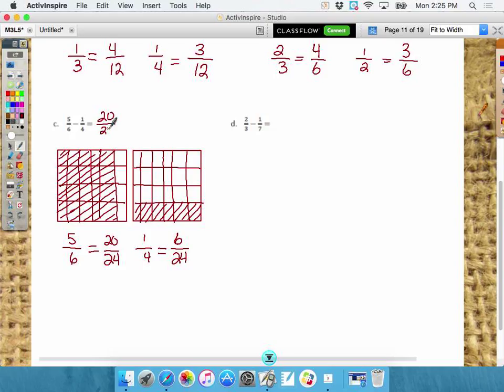So 20/24 minus 6/24 equals what, Brian? 14/24. Okay, when you get to this point, stop and look up here.